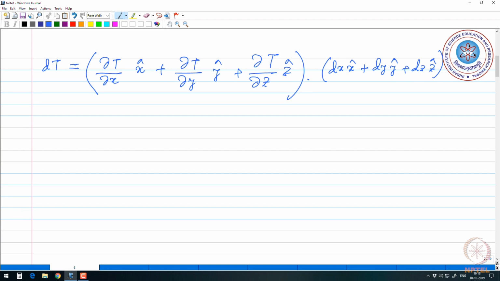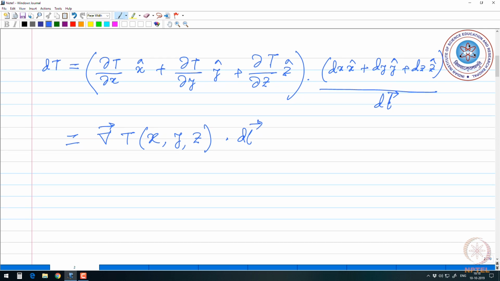And we know that this right hand side is nothing but the differential line element. That means this quantity becomes the gradient of the scalar field t, that is a function of x, y and z, dotted with the line element dl.